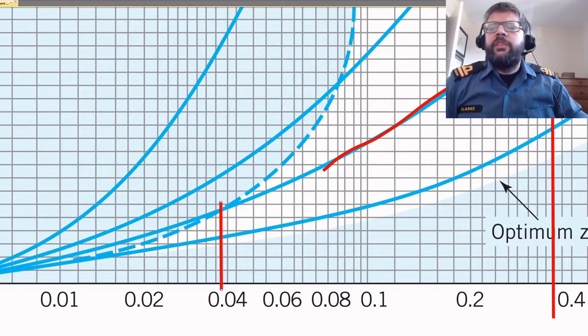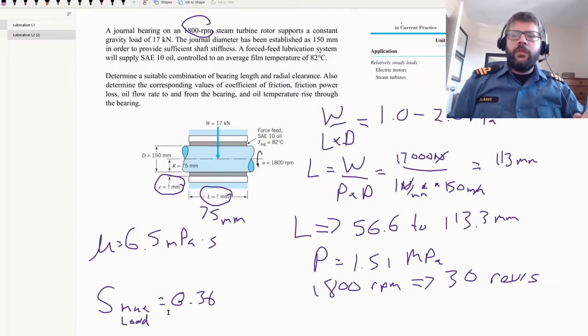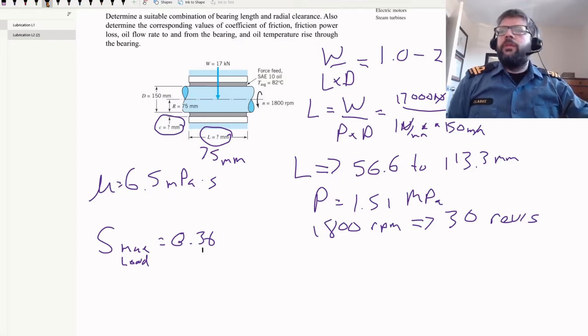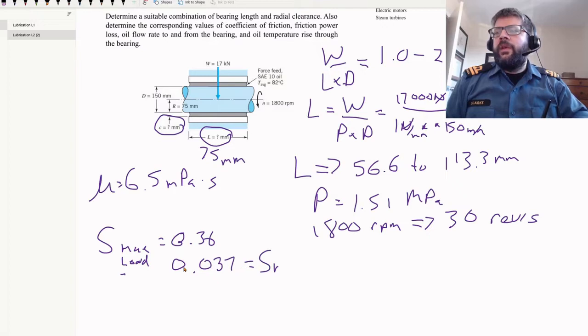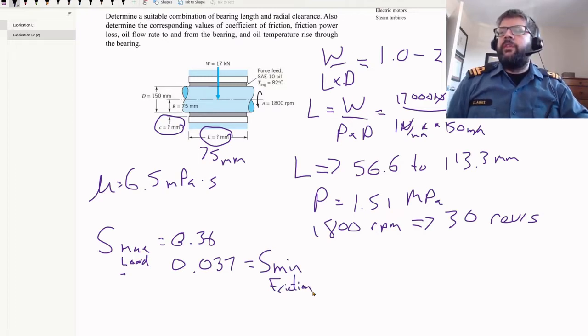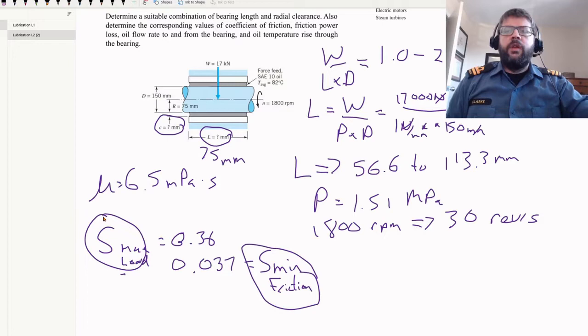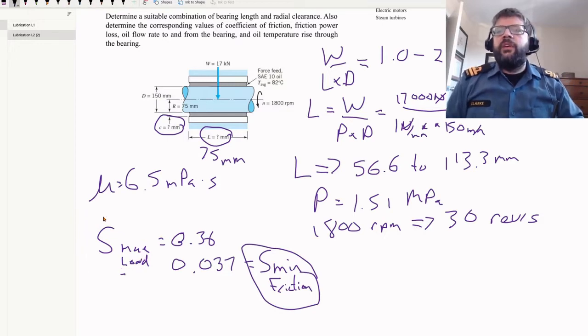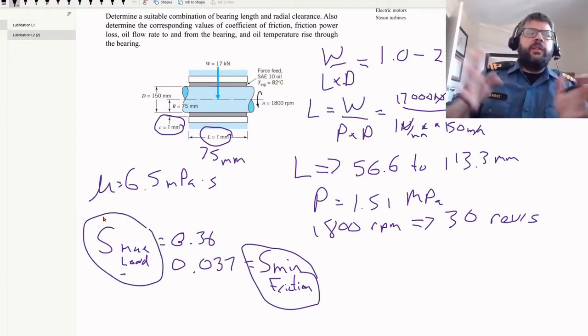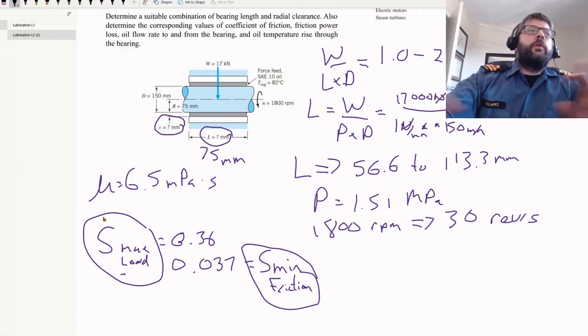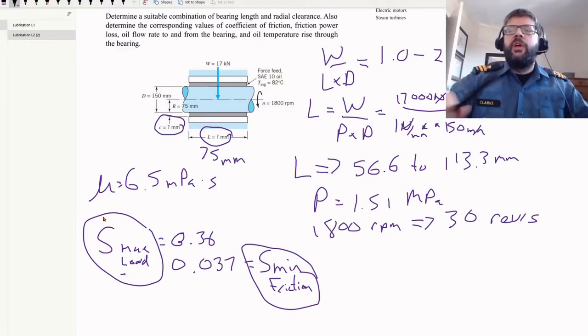Let's go with 0.037. That's the S for min friction. Now we probably want to be targeting closer to this one than to this one, but that's the optimal range. We don't want to go beyond those.